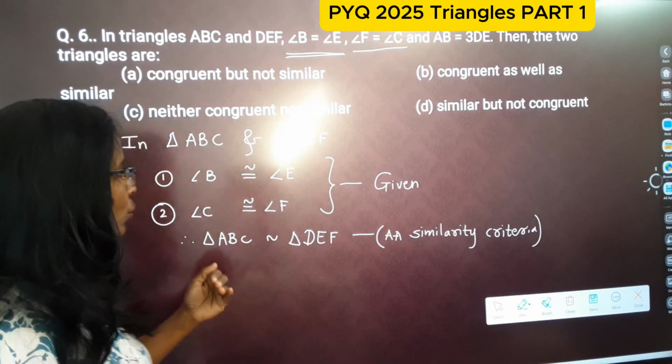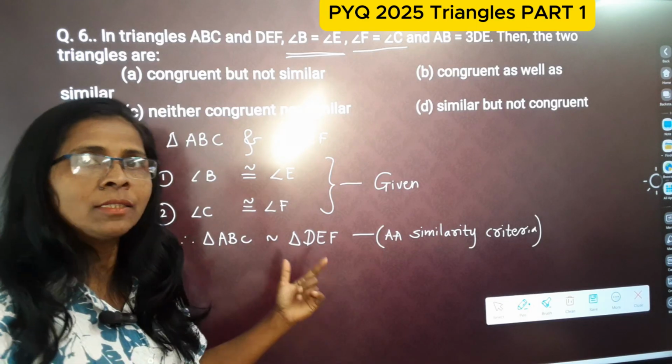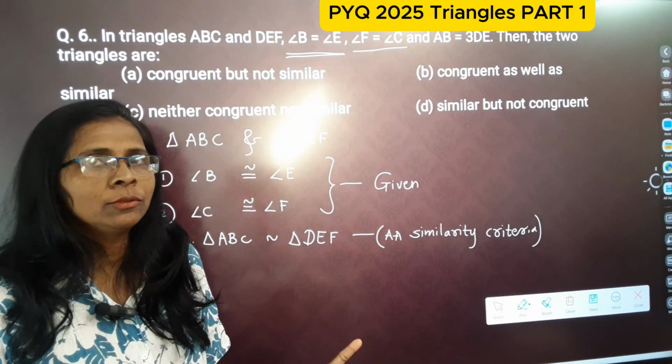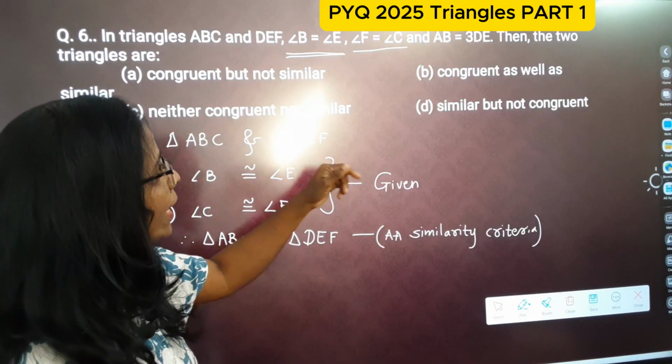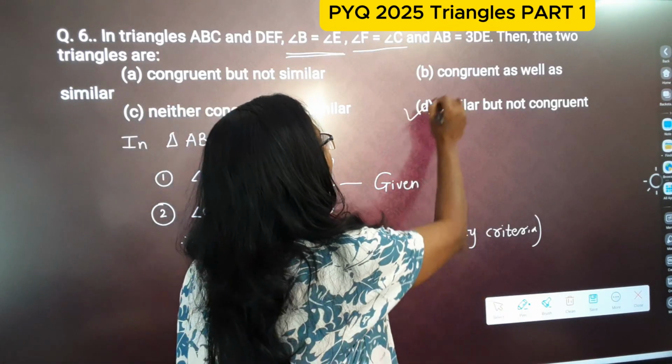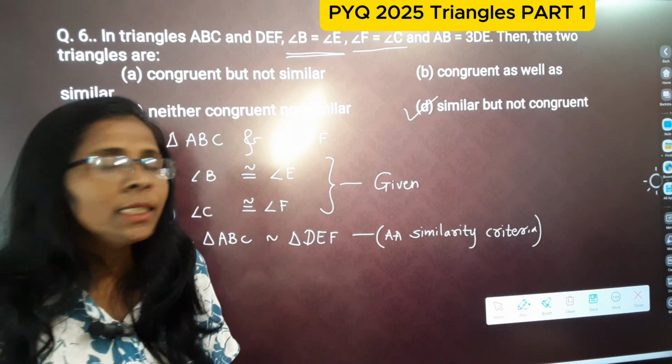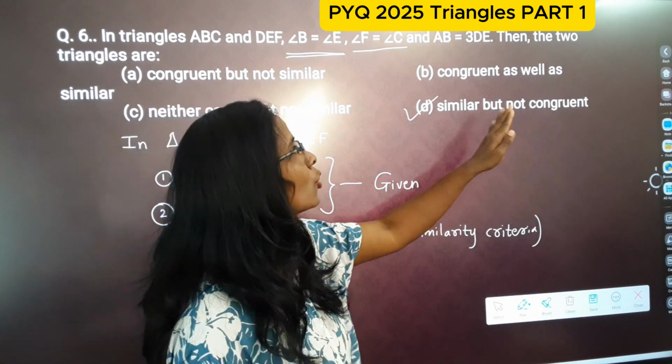So that's why students, these two triangles are similar but not congruent. So that means our correct option is option D, similar but not congruent.